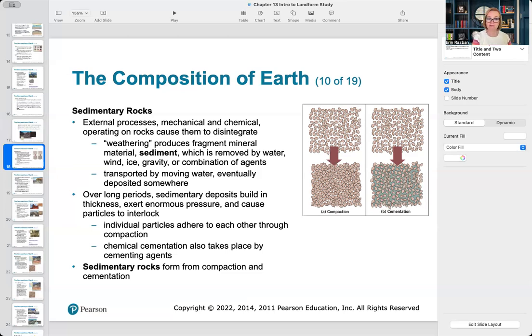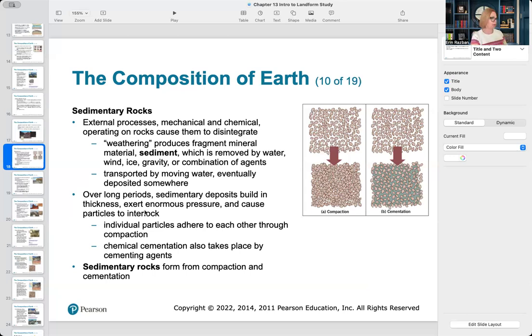Now, the process involves first weathering of existing rocks. Then second, the transportation of that sediment, the weathered rocks. Third is the deposition in layers called strata. And fourth is the lithification through compaction and cementation.